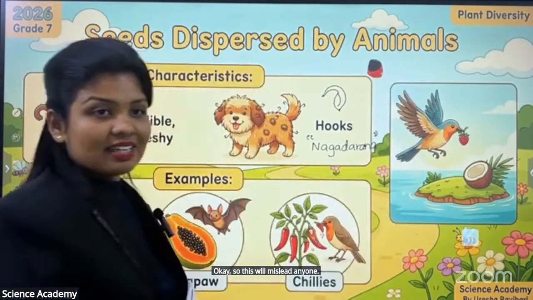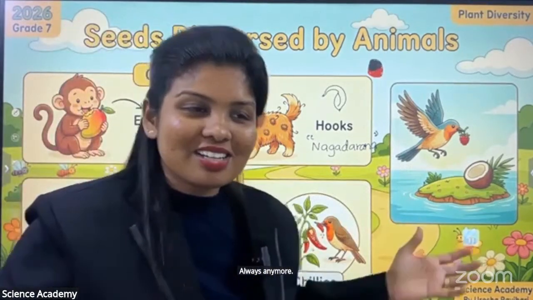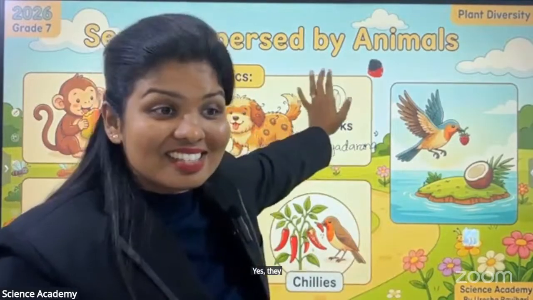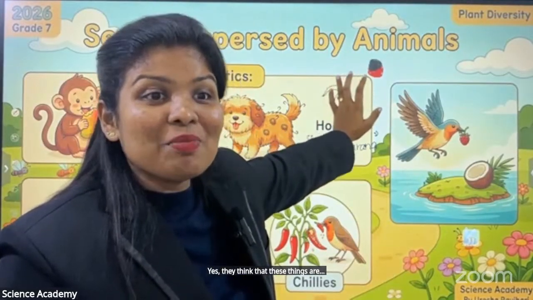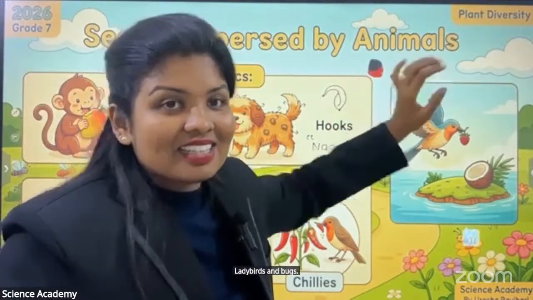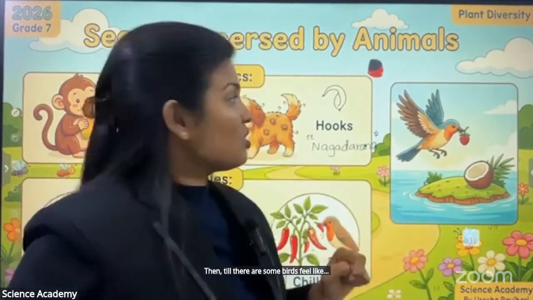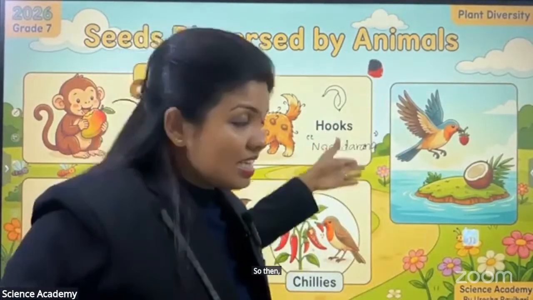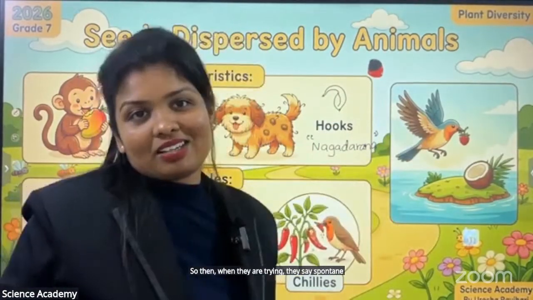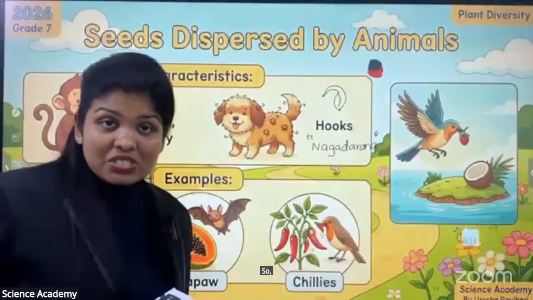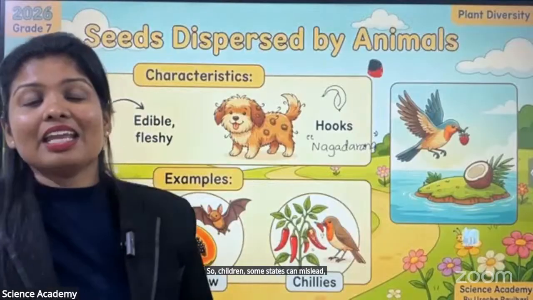How does it mislead animals? They think that these things are ladybirds and bugs. Then children, some birds feel like eating these, and when they try, these seeds spontaneously spread. Likewise, some seeds can mislead animals.